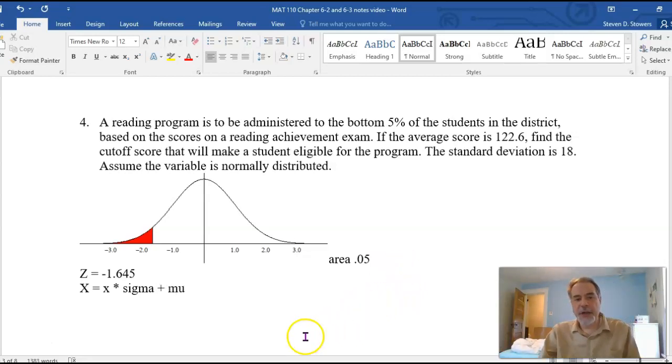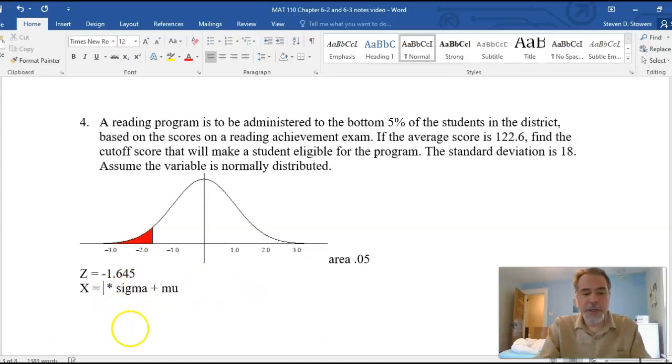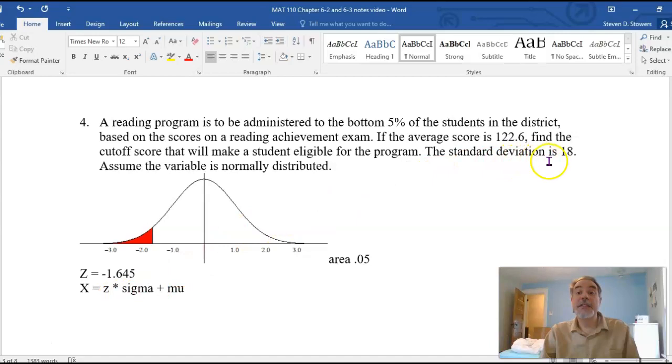So I'm going to get my calculator. Whoops, this was supposed to be a z. I'm going to type in negative 1.645 times the sigma, the standard deviation, so that's 18, plus the mu, the mean, and that's 122.6.